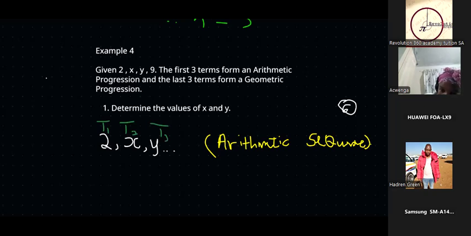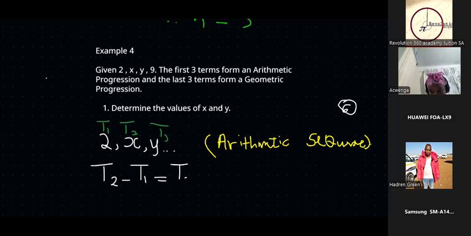Now you understand that with regards to an arithmetic sequence, we have a common difference. So how do you get the common difference? T2 minus T1 is equal to T3 minus T2.